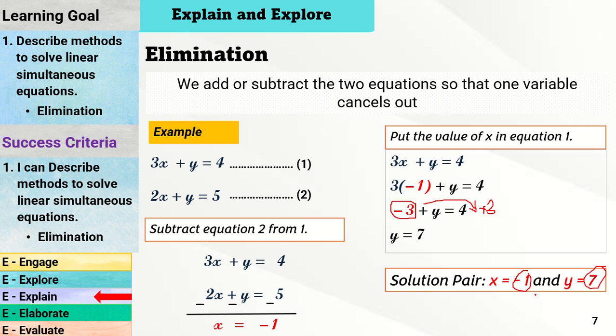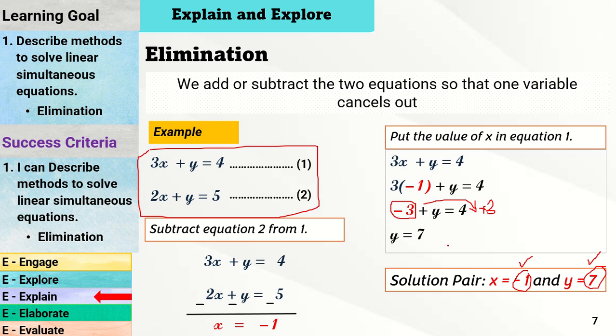Now this solution pair means that both of these equations will be true and will be satisfied if the value of x is minus 1 and the value of y is 7.